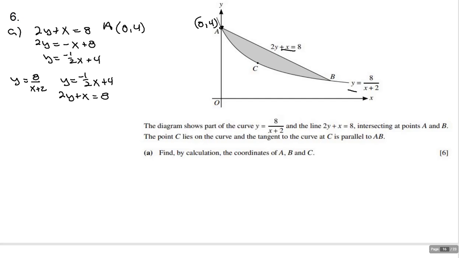If I substitute y into the other y, it's going to be 2 times this, and then plus x equal 8. So do me a favor and see if you can't solve for x. Pause this and see if you can't figure out what x is.